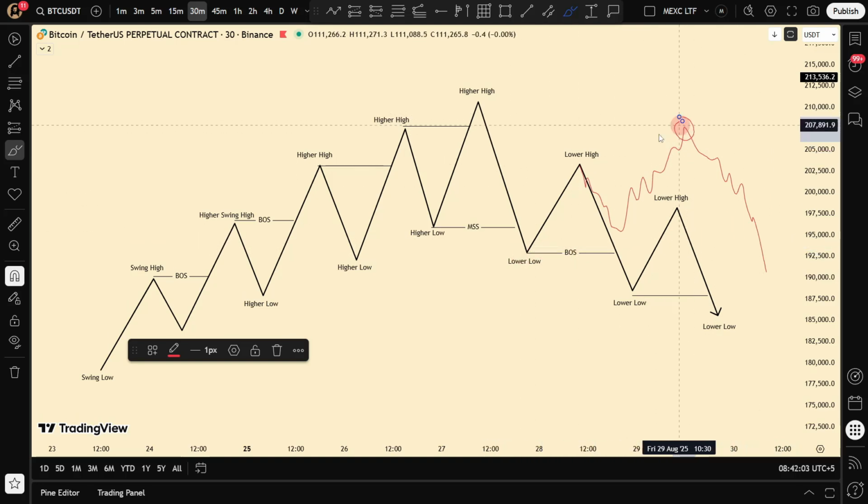So this would be your swing high and not this, because this high did not break the previous low. Actually, it was this high that resulted in the previous low being broken. So this would be your swing high and not this.